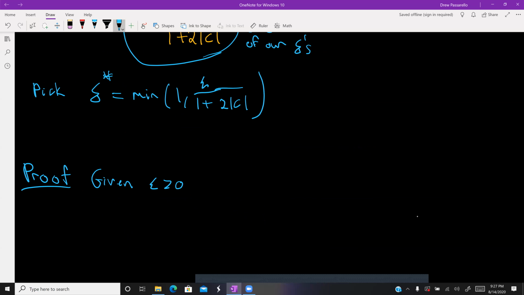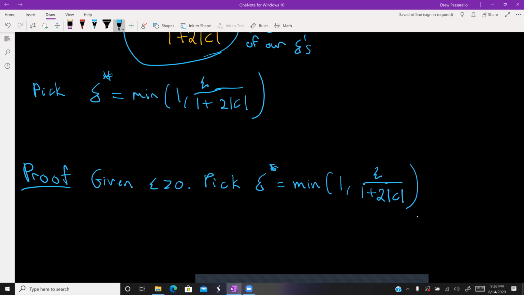Given epsilon, pick delta, I'll call it delta star, so pick delta star to equal the minimum between 1 and epsilon over 1 plus 2 times absolute value of c.